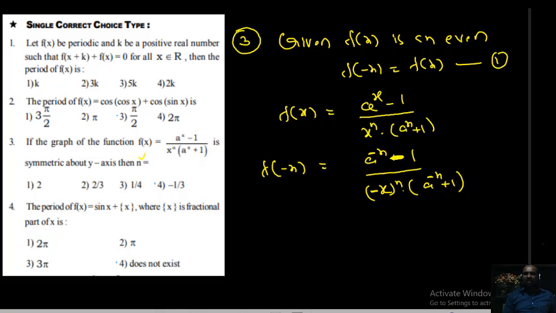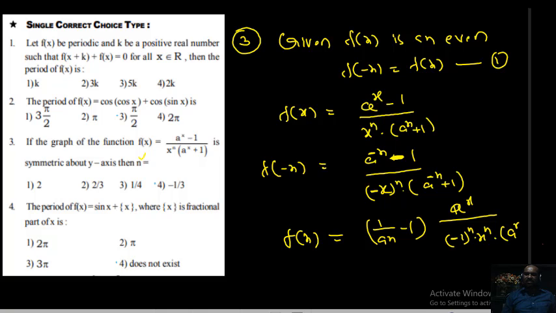Instead of this, I can write f of x equals 1 by (a power x minus 1) into 1 by (minus 1) power n into x power n into, directly in another step, a power x by (a power x plus 1).